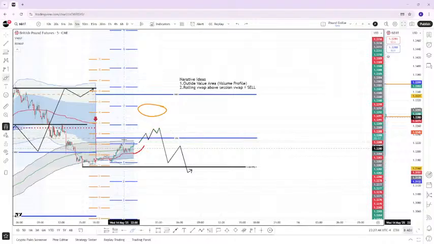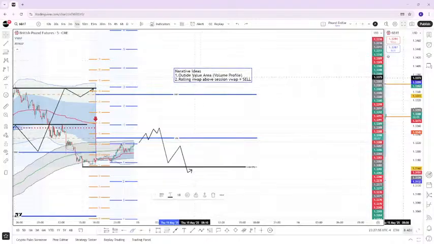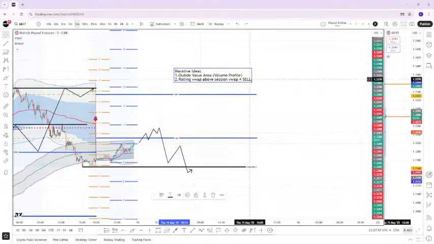Let's remove all that from the chart. So I've got my two narrative ideas. I'm also going to show you my long-term view. Let's close this.